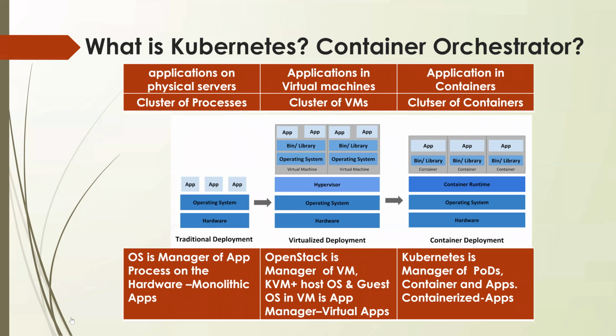Traditional monolithic applications used to run directly on the physical hardware, and the OS was the key which managed everything. Then in the virtualized world, the operating system was overtaken by the hypervisor, which used to manage the guest operating system as part of the VM. So the VM was the key.